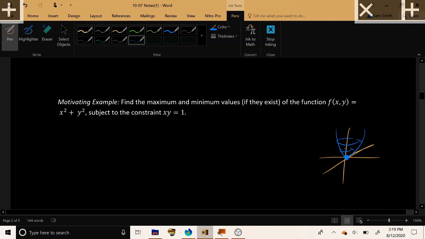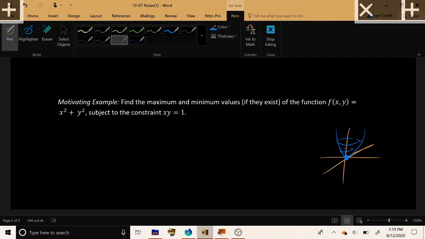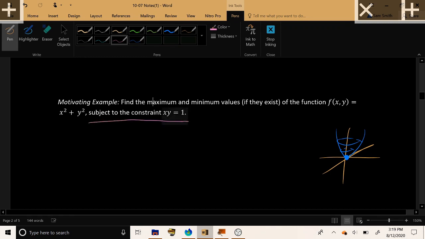But someone has come in and added a restriction on the points that I'm allowed to consider when I'm finding the minimum and maximum values. They say whatever x and y you consider, it should satisfy the equation x times y equals 1.